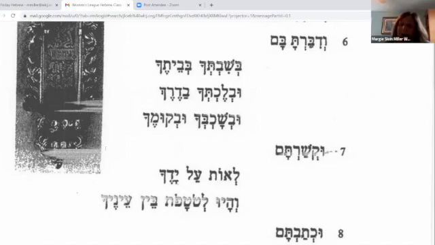Uv techa. Uv shach, becha. Uv shach. Uv vasha.